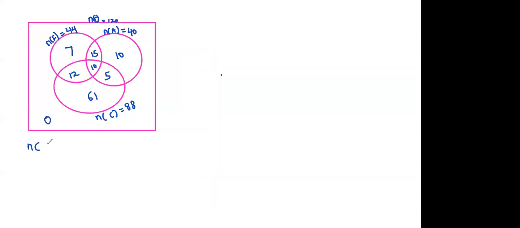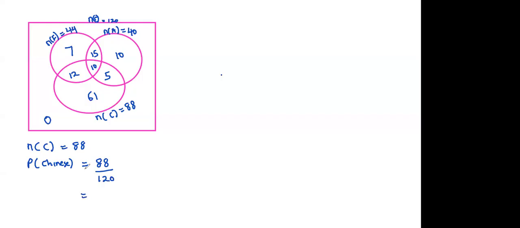Number of children taking Chinese is 88. Now, since they gave us a percentage, here you work out the probability. So I'm going to say probability of children taking Chinese will equal 88 divided by the 120.